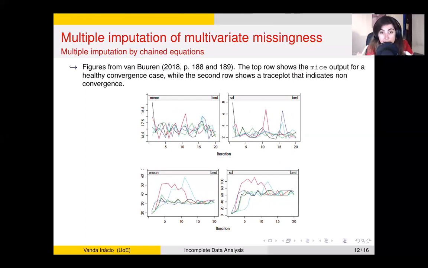Okay, and this is for the convergence, and it's important. Why? Because we use the values from the chain to impute the missing values, and then we use those data sets to do our analysis. If the chains have not converged, I cannot really trust my results, they can be wrong. So it's important that we monitor convergence.